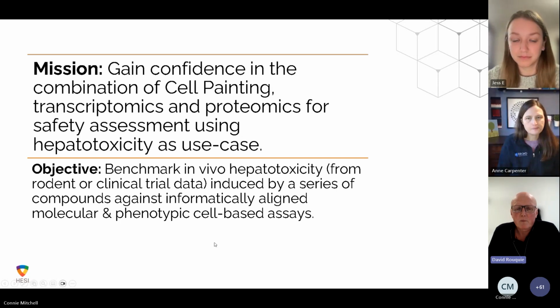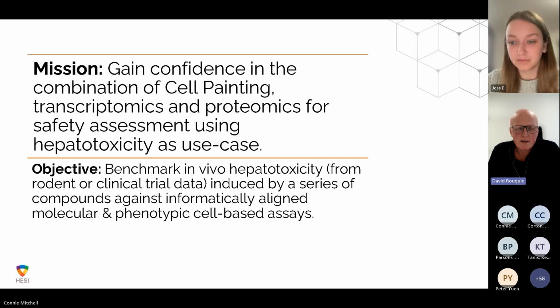So the objective is to benchmark a rather large set of chemicals for which we have at hand in vivo hepatotoxicity profiles, both in rodent and in human from clinical trials, and to make these translations and to make this understanding and these learnings from the cell-based assays using molecular and phenotyping readouts.